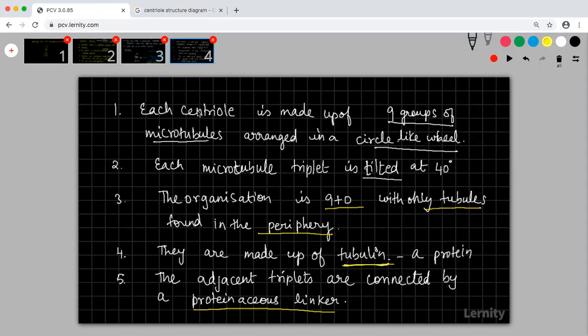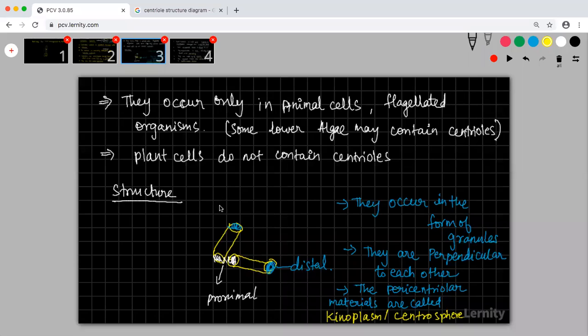This proteinaceous linker is called the hub. Hub is a normal usual word. What they are trying to tell is, you see here, this is a centriole. Let me show it in a different way.